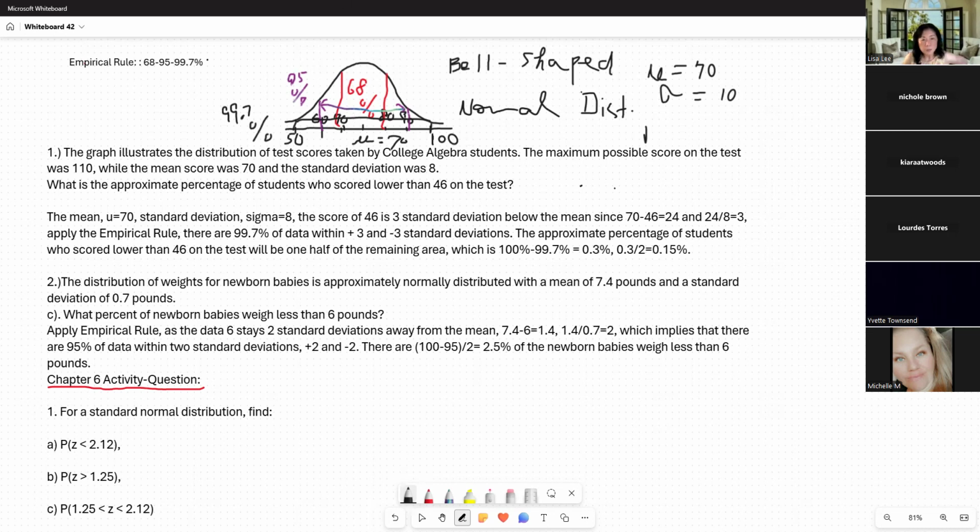So for this algebra question, maybe I need to draw another normal curve. Okay. And set up the mean. The mean score is also 70.